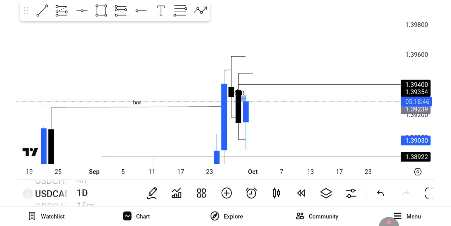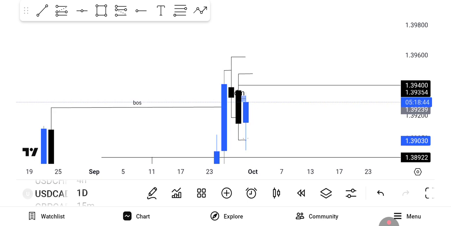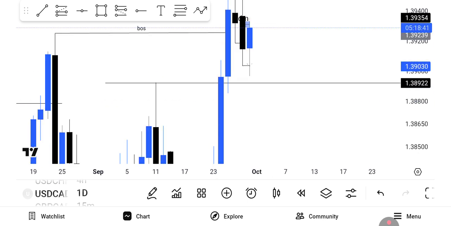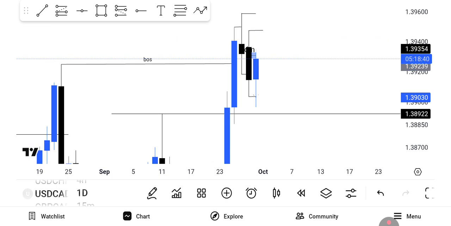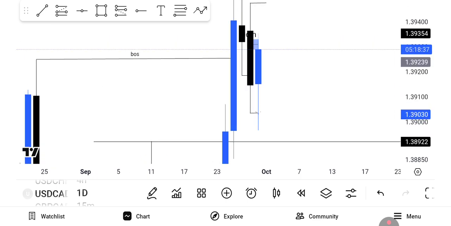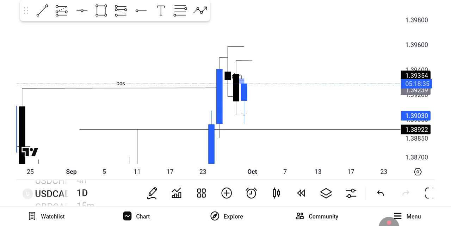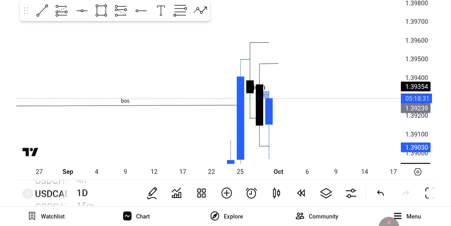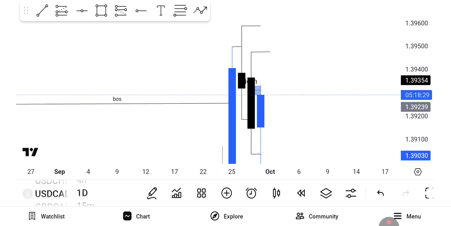So this one, we all know this strategy as CRT, which is candlestick range theory. That is CRT, candlestick range theory.